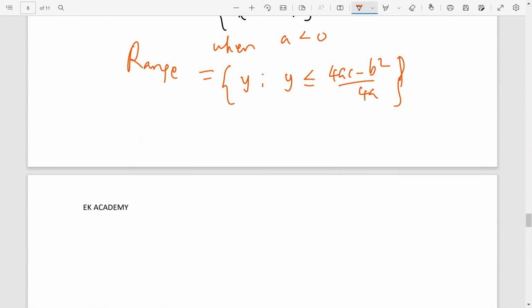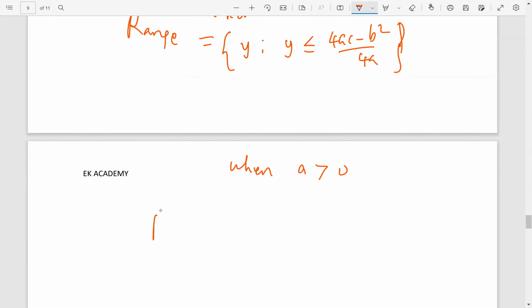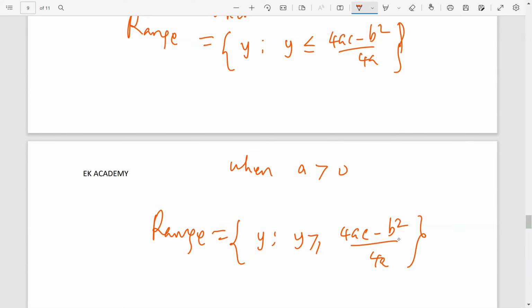And again, when a is greater than 0, range, dear students, will be y such that y is greater or equal to 4ac minus b squared over 4a. So this is how we determine domain and range of a given quadratic function.